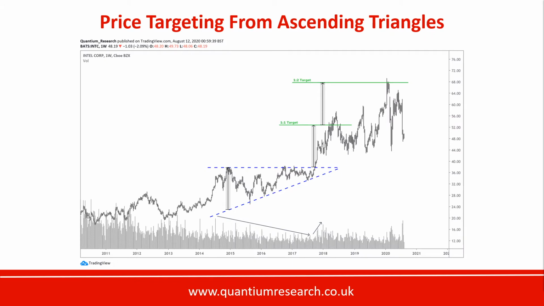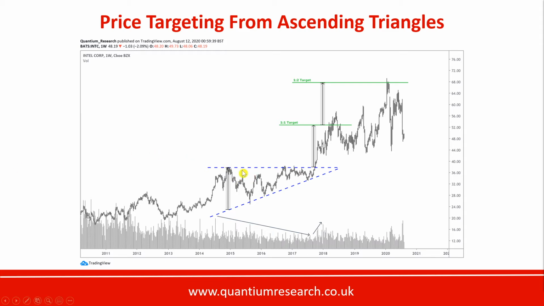So here's an example of an ascending triangle in Intel shares. We have a weekly chart, so each candle once again represents a week. To calculate price targets, we take the range of the base. This is the price difference between this point here and this point here, the vertical distance.